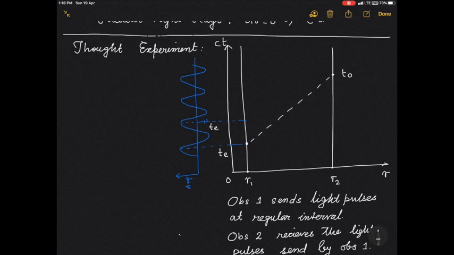Observer 1 sends the second pulse, or the position of the second maxima is at t emitted plus delta t emitted, and that pulse starts traveling from there with a 45-degree world line and reaches observer 2 at t observed plus delta t observed. The light takes some time to go from there to there. Because of that, obviously, they will not be received exactly at the same time. Right?